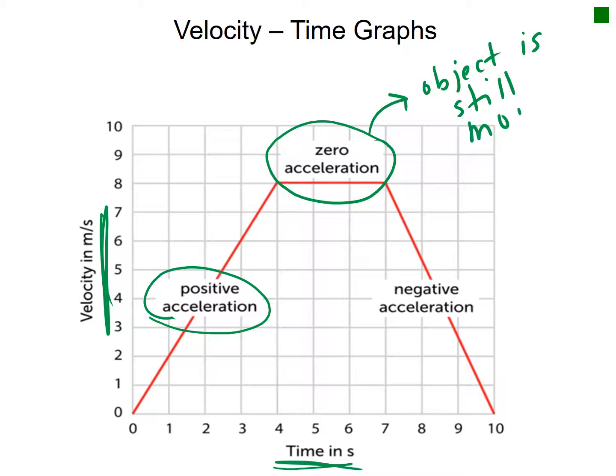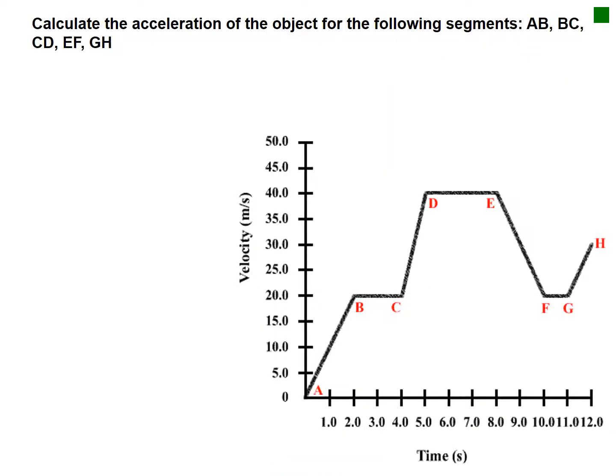It's just not accelerating. Negative acceleration means that the object is slowing down, so it has a negative slope. Again, we'll do more with velocity time graphs in class.